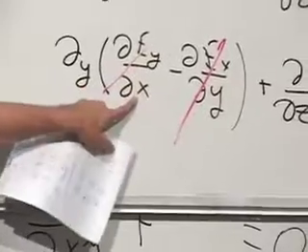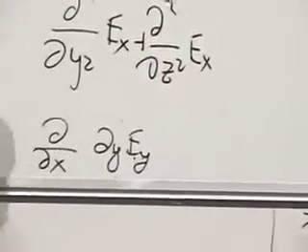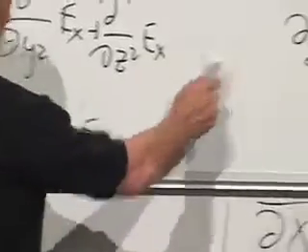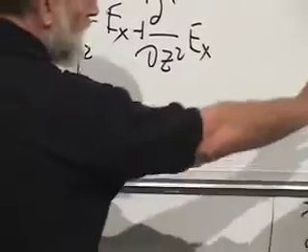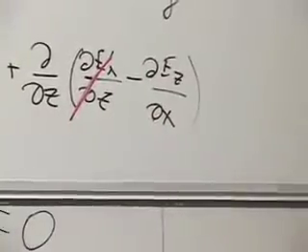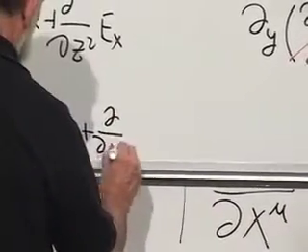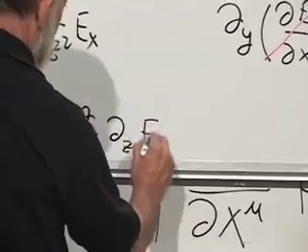It was the derivative with respect to x followed by the derivative with respect to y. You're allowed to interchange those. So the first term here is d by dx of dy EY. And then there's another term which is d by dx of, I think, dz EZ.